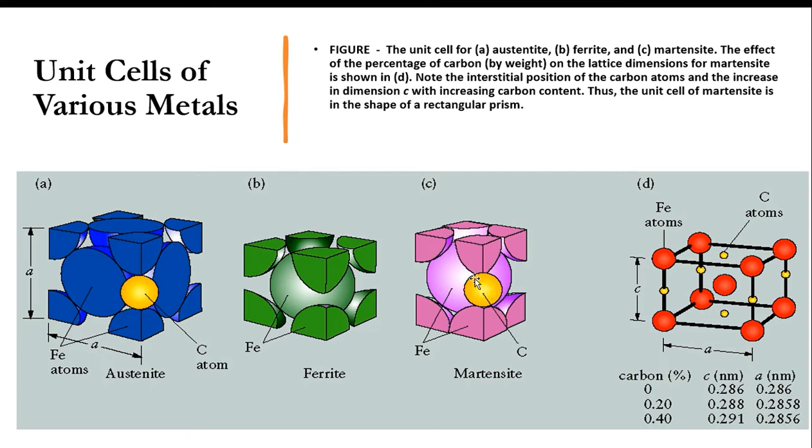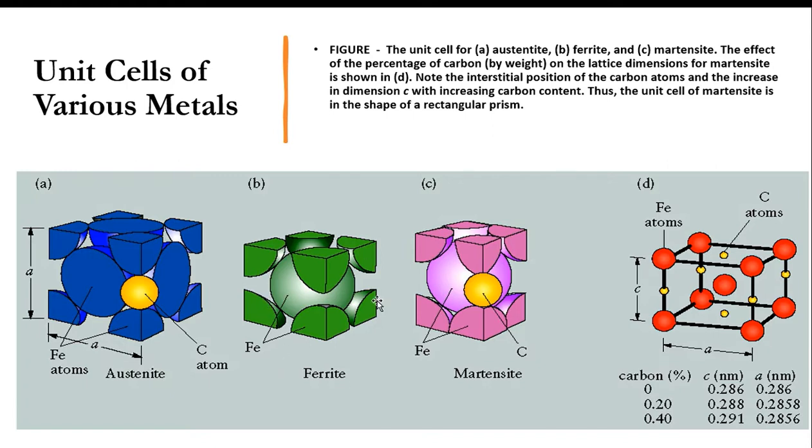So with that change, they developed a different name. Here you can see in a face centered cubic structure, FCC, they have placed an atomic carbon, one carbon atom. So they said that is called austenite, right.